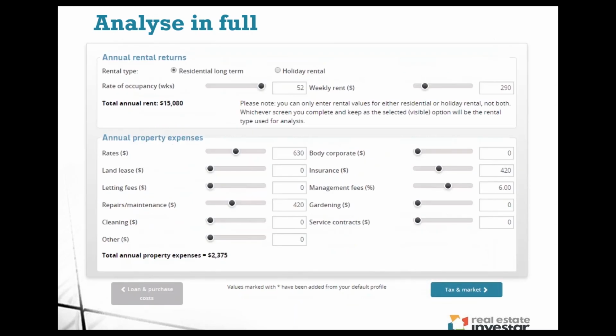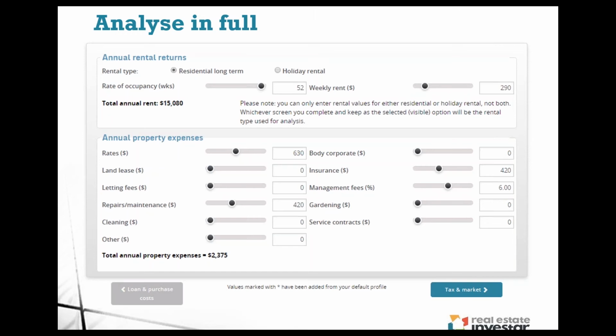Okay, so we've gone next to the rental part. As it's just been renovated, I've just left it at the median rent for a 3-bedroom house in Bluff, which is $290. The rates come up automatically with the algorithms of our software.